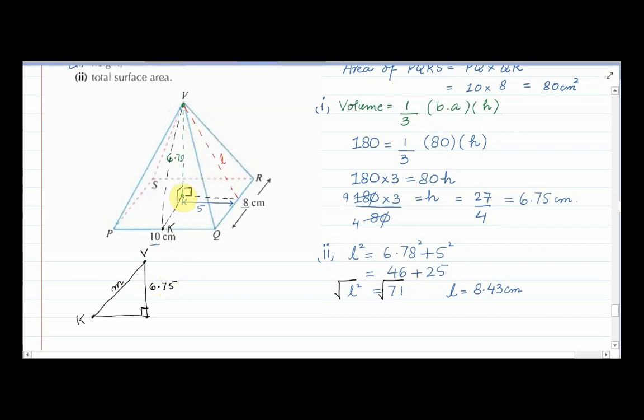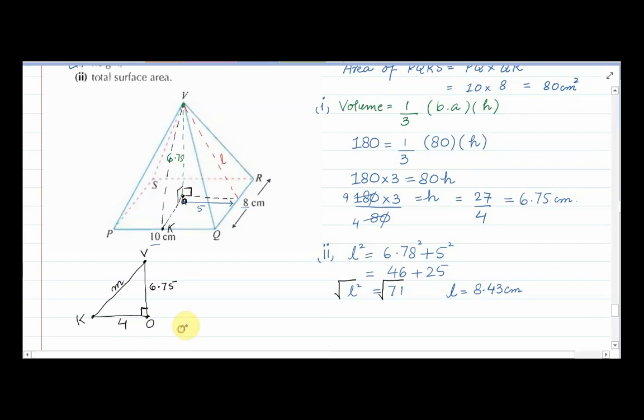The value from the center to the point K, this value will be half of 8. So 8 divided by 2 is equal to 4, right? This point here is O. So now we can find the value of M by using Pythagoras.